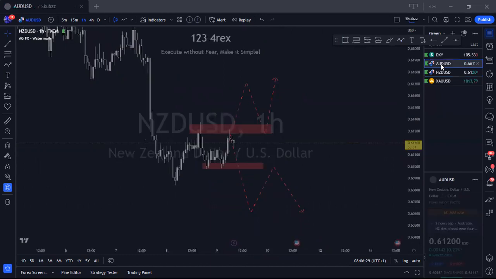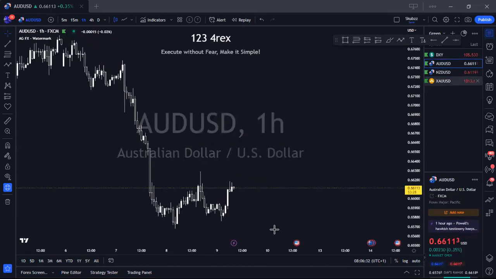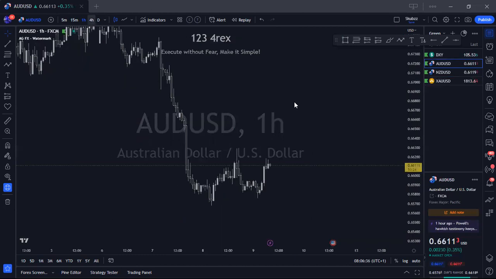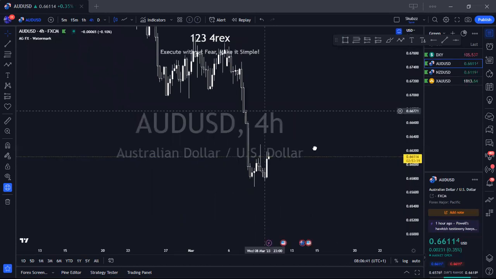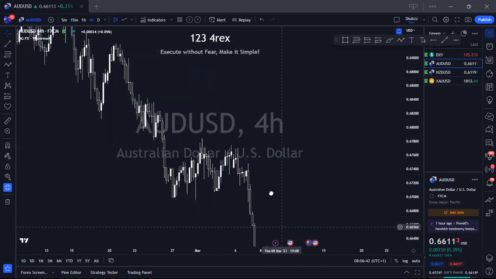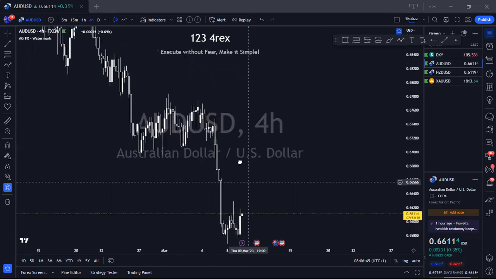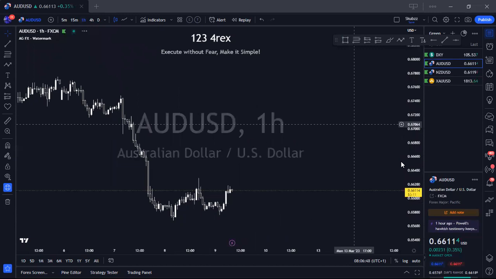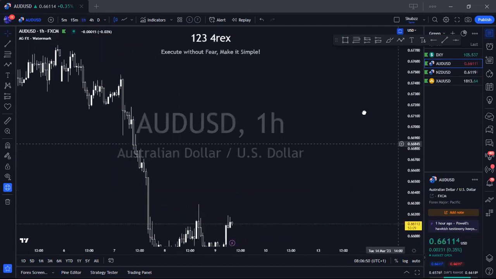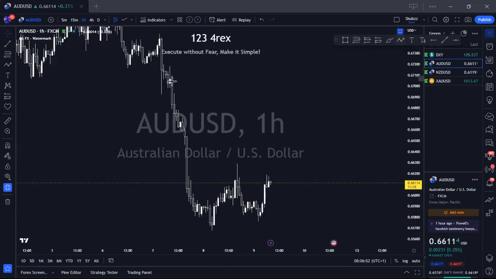Then we have AUD USD. This one too is clearly ranging. Well, actually, if you look at the higher time frame, we're bearish, but right now it has started ranging. Price movement is just looking as if it's gold. We created this low, the other day the news created this low, and then we created that high.